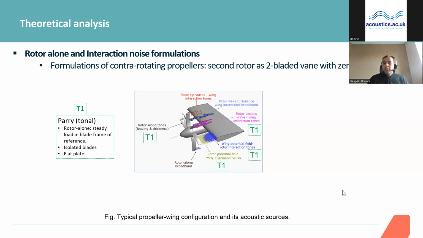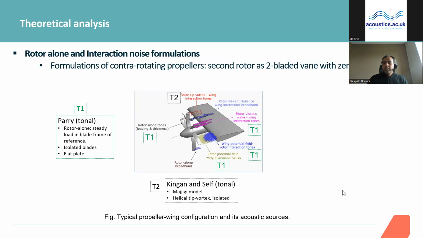For the tonal interaction noise sources, as mentioned by T1, we use the Paris model, which assumes that for the rotor alone, obviously we assume a steady load in the blade frame of reference, and we assume isolated blades, and obviously we take a flat plate response for interaction noise as well as rotor alone noise.